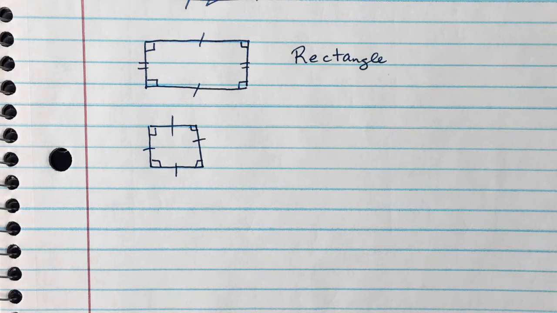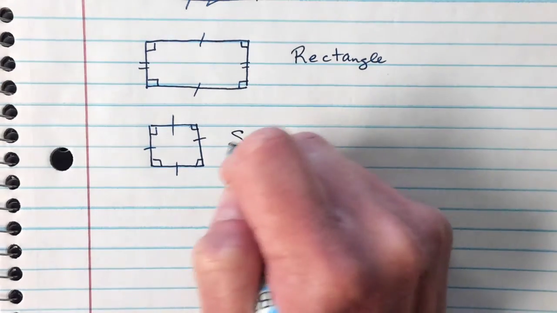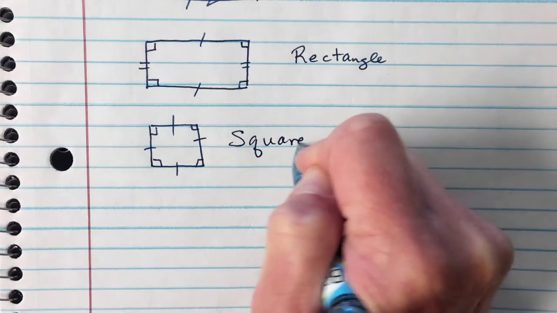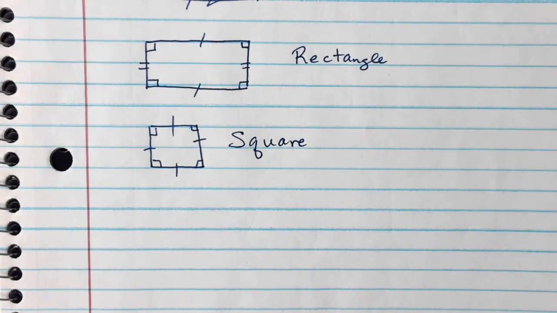But notice how I'm marking all 4 of the sides. All 4 of the sides are the same length, they're congruent. So what do we call something that has all 4 sides the same with 4 right angles? That guy's a square. A square is a special parallelogram. It's a parallelogram that has all 4 sides congruent and 4 right angles.